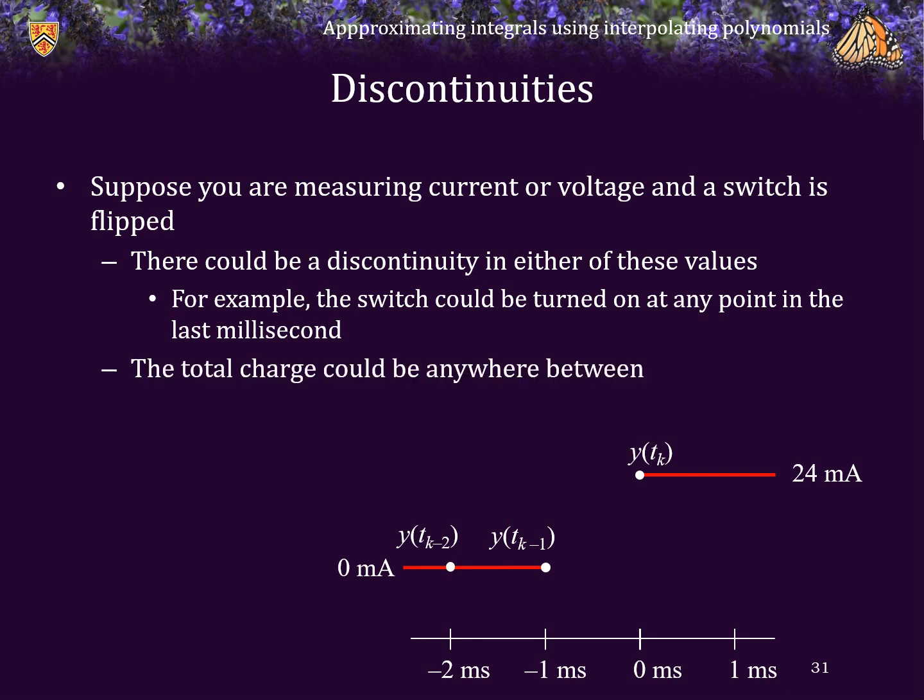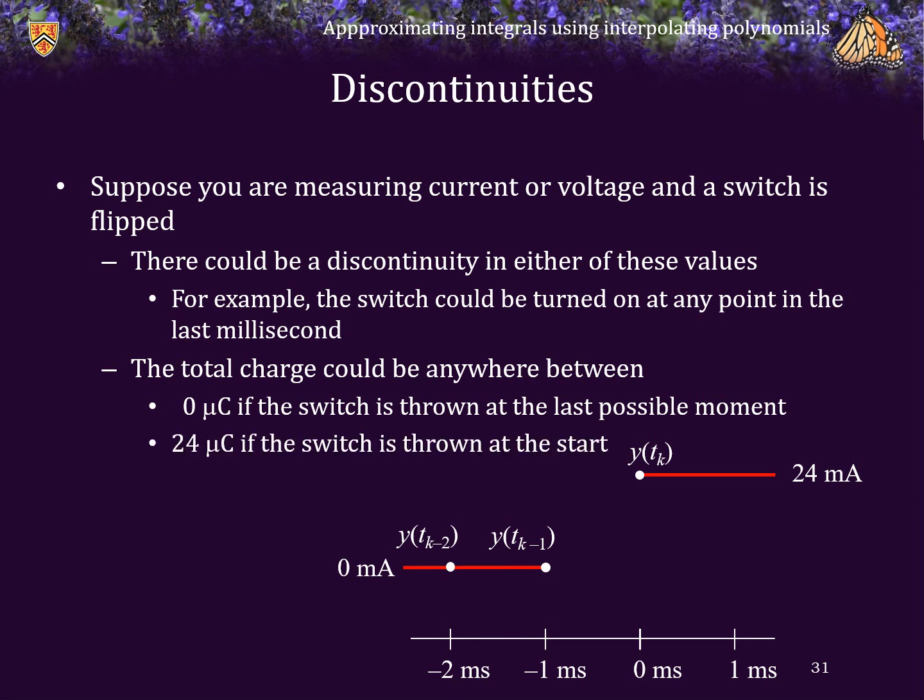Well, the total charge that passes this point could be anywhere between 0 microcoulombs if the switch is thrown at the very last possible moment between the last sample and the current sample, so maybe a split second before we take our most current reading.